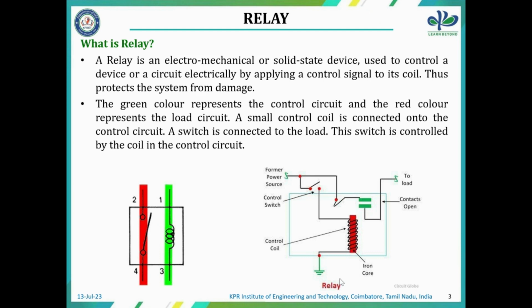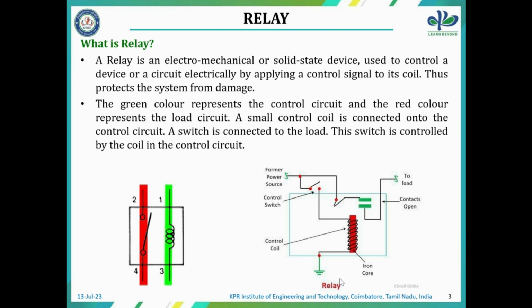So it may protect the system from damage, meaning the relay circuits. It consists of an electromechanical part that is electrically controlled, with mechanical movements. That is the electromechanical type of setup. Here I have drawn two diagrams for your understanding.